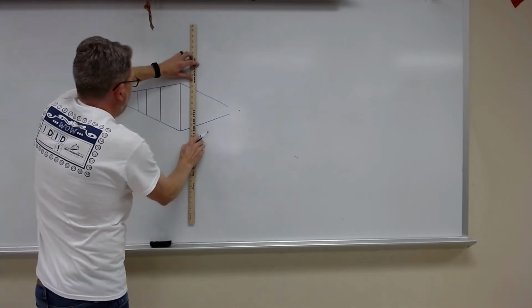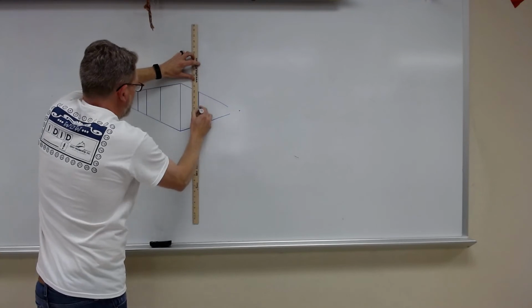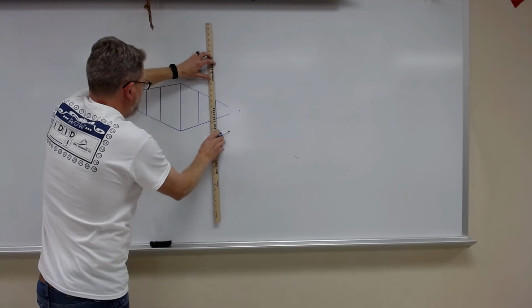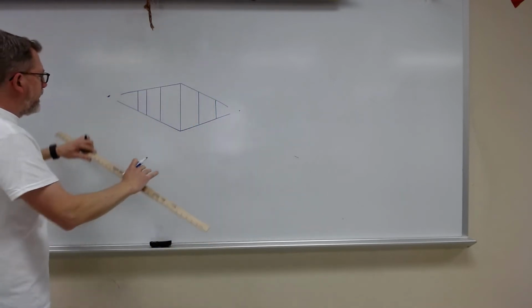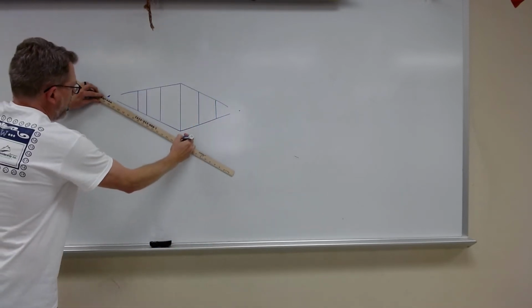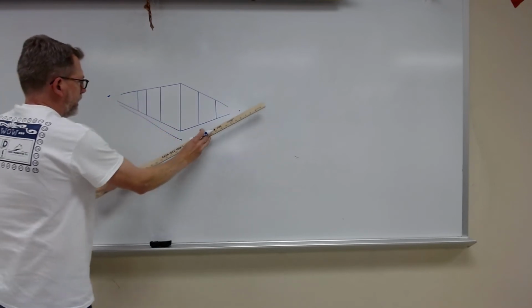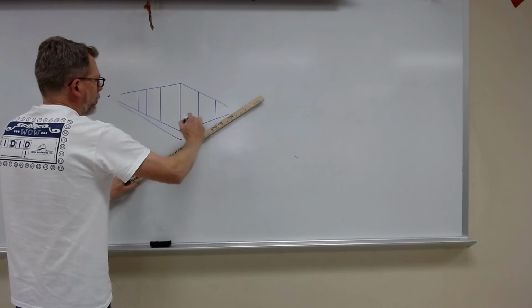And then you'll start to see how it starts to look like a 3D picture. So you can keep going there. You can come down here and add a little bit of a sidewalk. You can make your sidewalk go back. Basically, everything you draw is going in that angle.